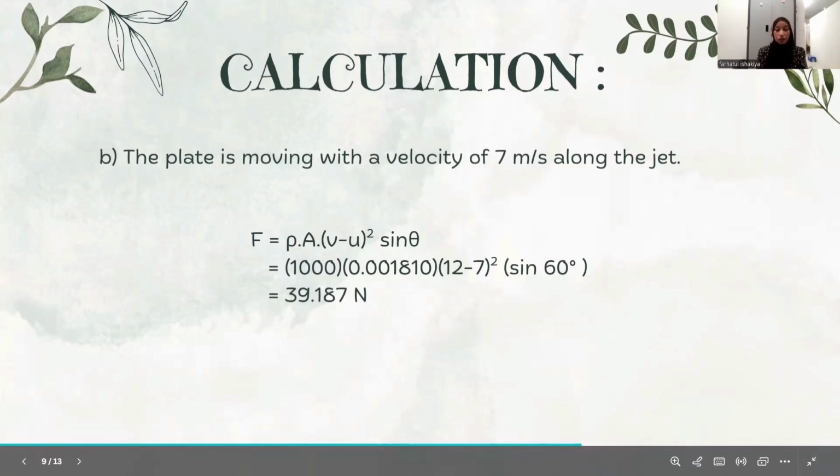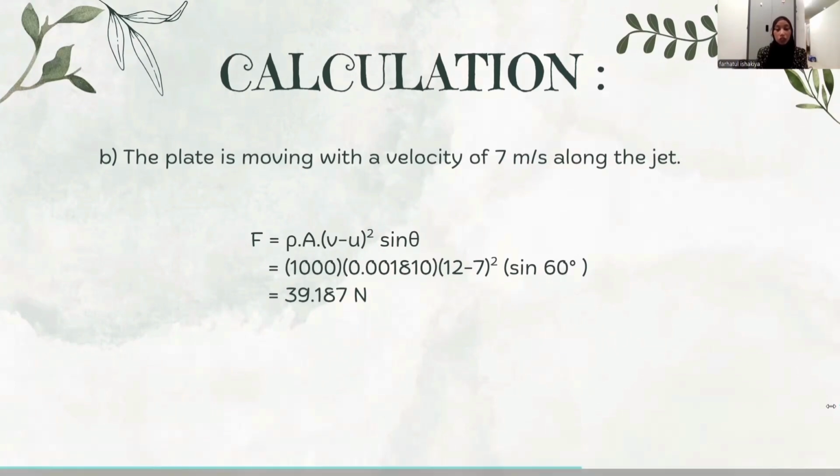When the plate is moving along the jet, we must use the relative velocity between the jet and the plate. So the formula becomes F equals rho, which is density, times A, times (V minus U) squared. And also don't forget the sin theta.